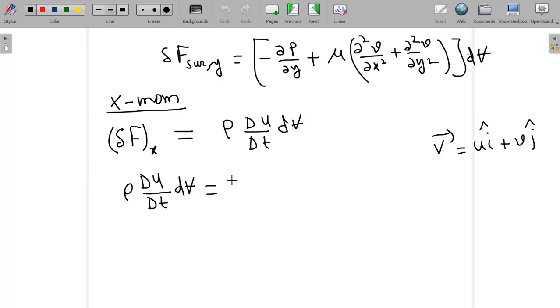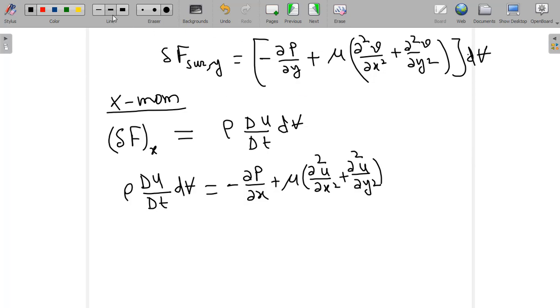Write minus del p del x plus mu into del 2 del x2 plus del 2 del y2 of u. This is the surface force part. Now what is the body force part? The body force part is rho into the x component of that into dv. The dv will be there in all the terms, so you write it in this way. Okay, so dv will cancel, it's clear.